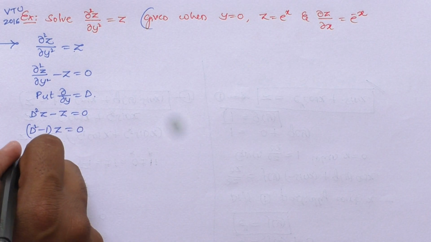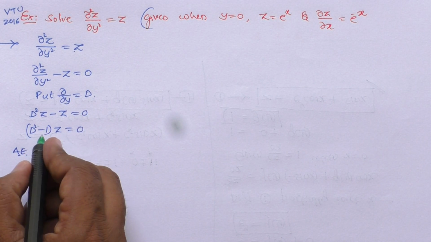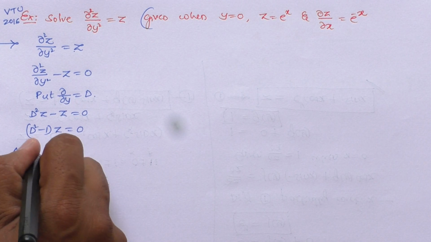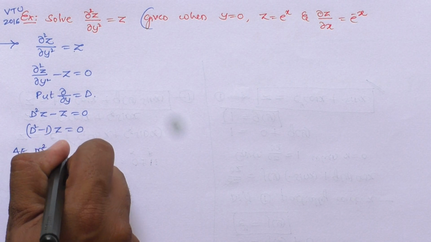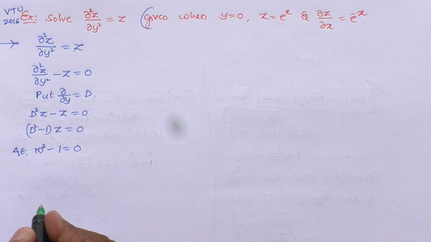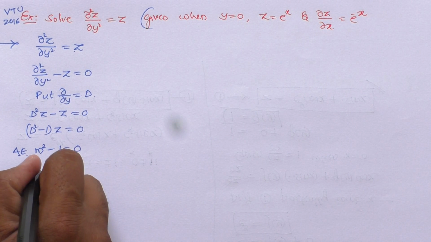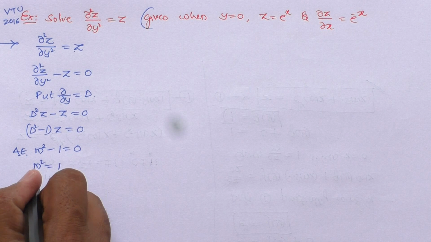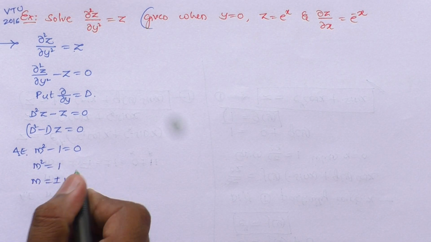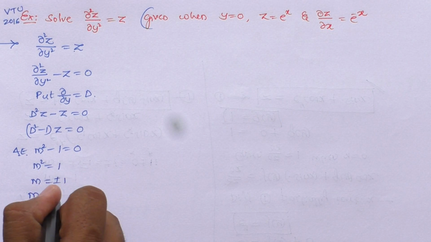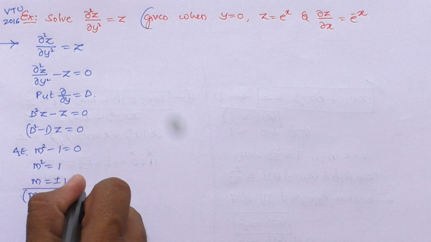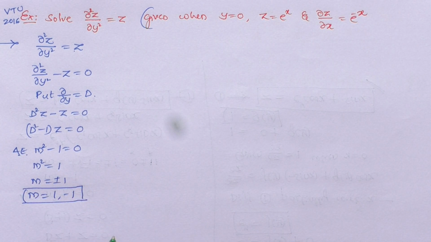So here we can write the auxiliary equation by replacing D by m. So m² minus 1 equal to 0. So then m² equal to 1, m equal to plus or minus 1, so we get roots as 1 and minus 1. So we got two roots, 1 and minus 1.